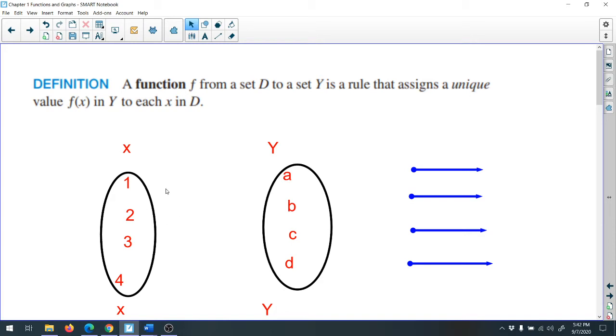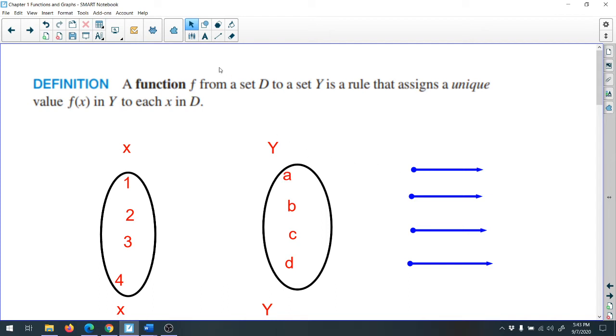A function f from a set D to a set Y is a rule that assigns a unique value f of x in Y to each x in D, the domain.